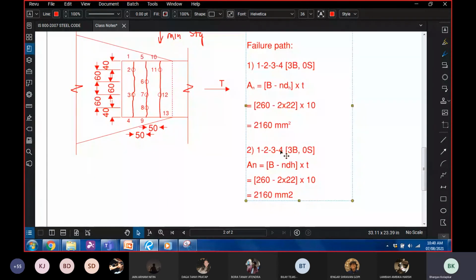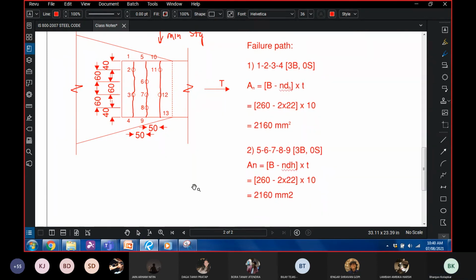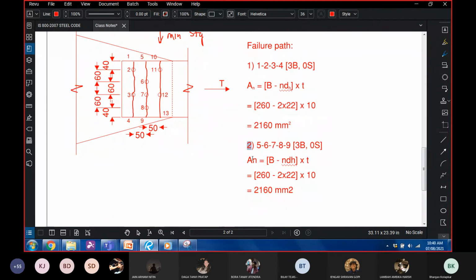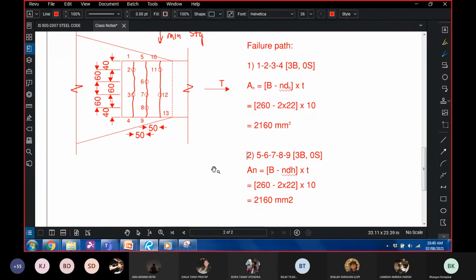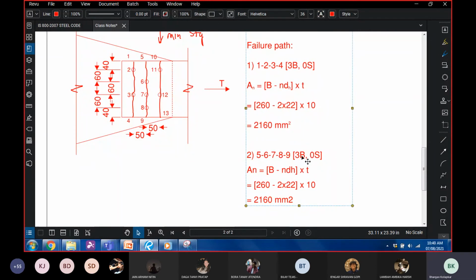Now, let us look at the second failure path, which we are sure is going to give us a smaller net area. The next path is 5, 6, 7, 8, 9. Along this path, we have 3 bolt holes and 0 staggered arrangements.